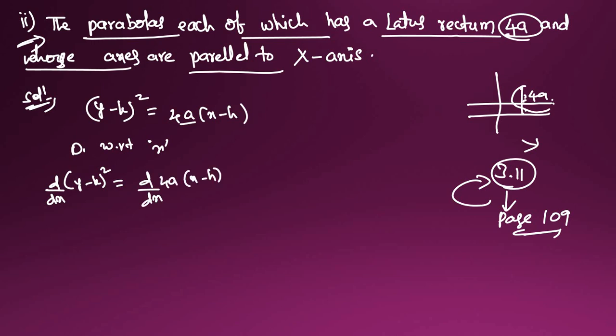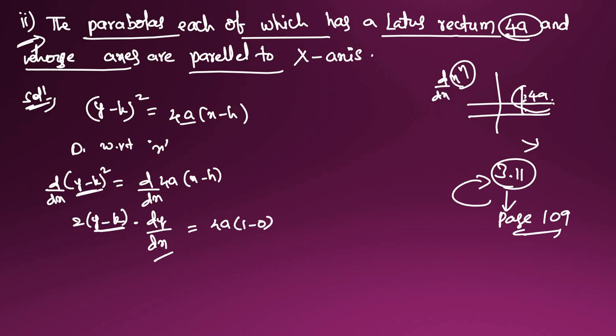So it will become 2 of y minus k, using the rule d by dx of x to the power n, to the power of 1, into the derivative dy by dx. On the right, the derivative of 4a, a constant, times x is 1, minus 0, so it is 4a.